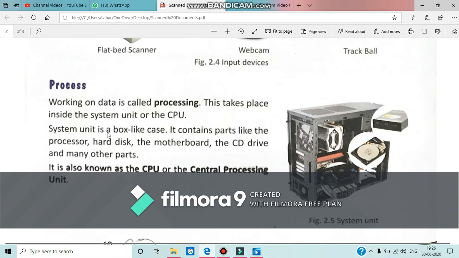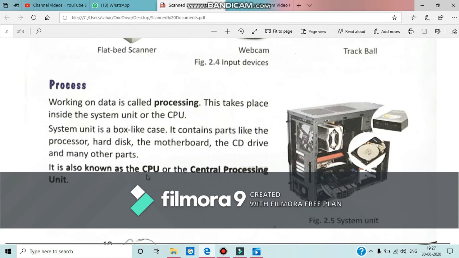So the system unit is a box-like case. You can see that it's like a box case. So it contains parts like processor, hard disk, motherboard, CD drive and many other parts. If you open the CPU box, you will see processor, hard disk, motherboard, CD drive and many other parts.